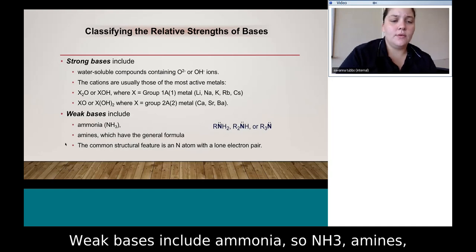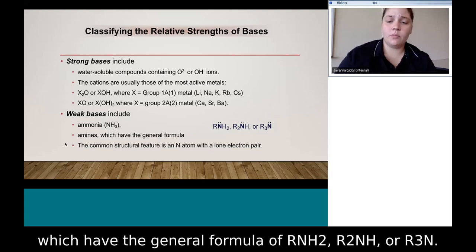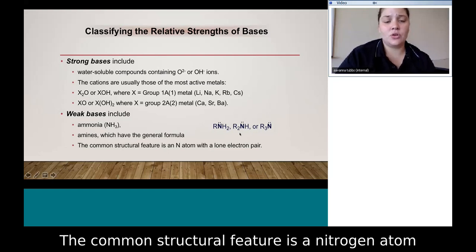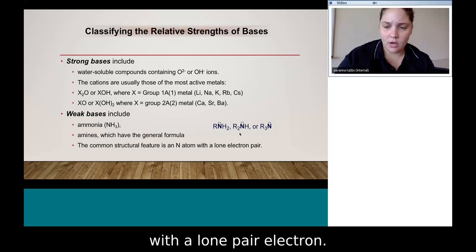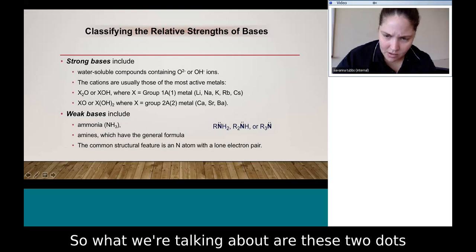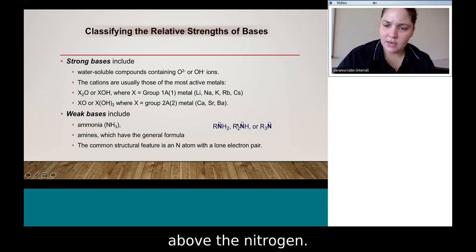Weak bases include ammonia, so NH3, and amines, which have the general formula of RNH2, R2NH, or R3N. The common structural feature is a nitrogen atom with a lone pair of electrons. What we're talking about are these 2 dots above the nitrogen.